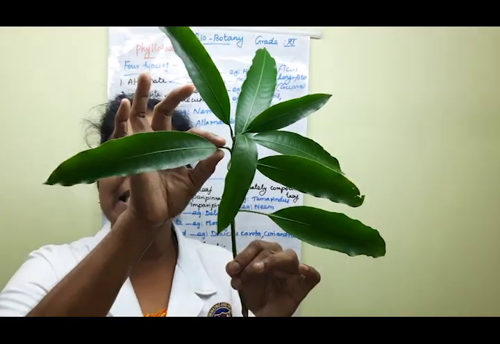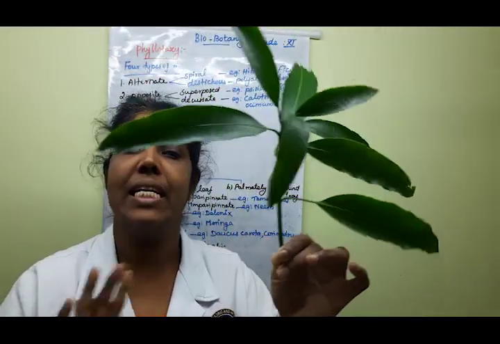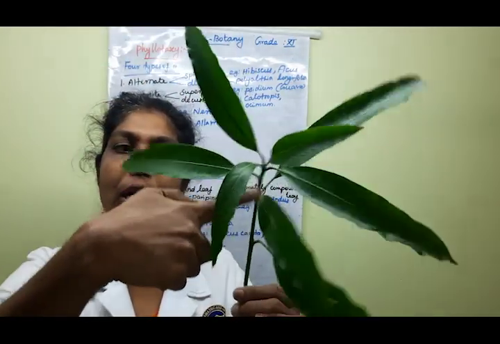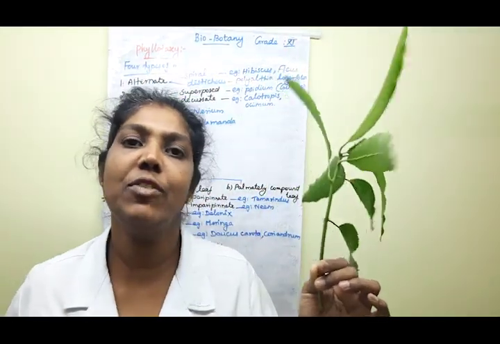So if we take a big plant, the leaves are there, isn't it? These leaves are arranged on the stem region, which is known as phyllotaxy. Clear, children? Say yes or no? What do you mean by phyllotaxy? The leaves are arranged in the stem region, and that is known as phyllotaxy.